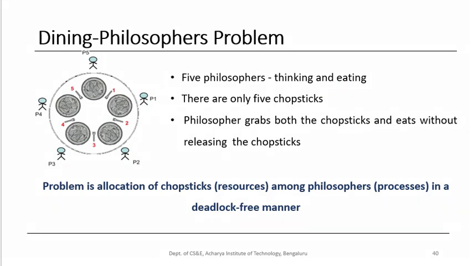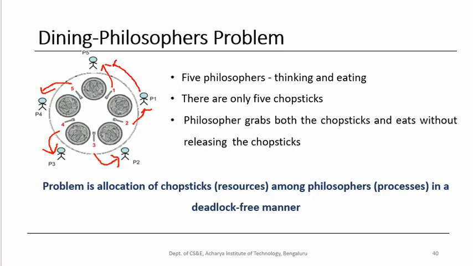What is the issue? There could be a situation where every philosopher is holding one chopstick. That is, P1 could have chopstick 2, P5 could have 1, P4 might be holding 5, P3 could be holding chopstick 4, and so on. There is a circular wait.